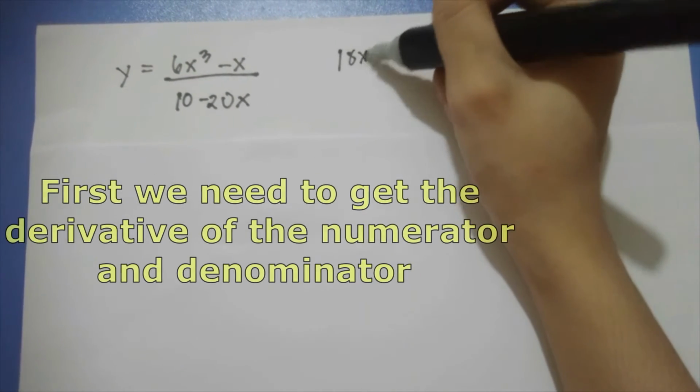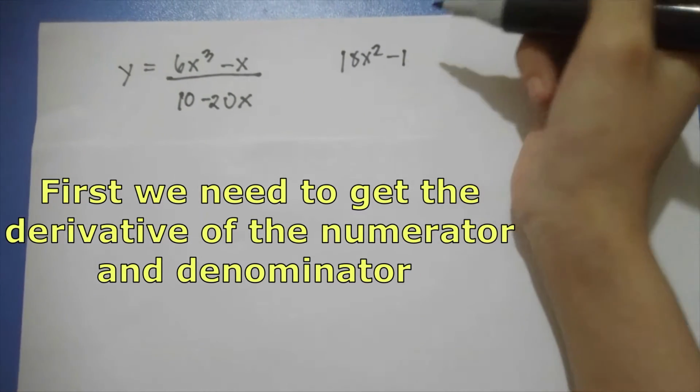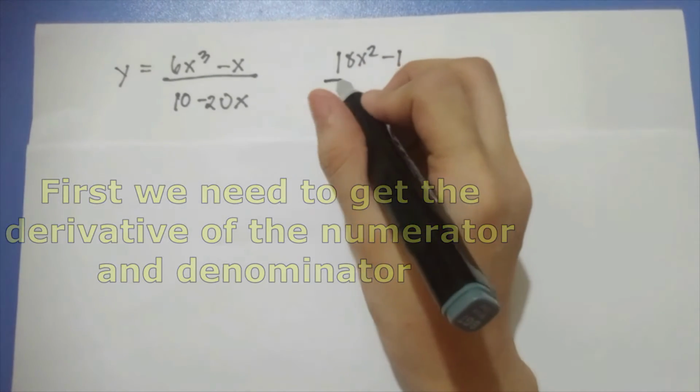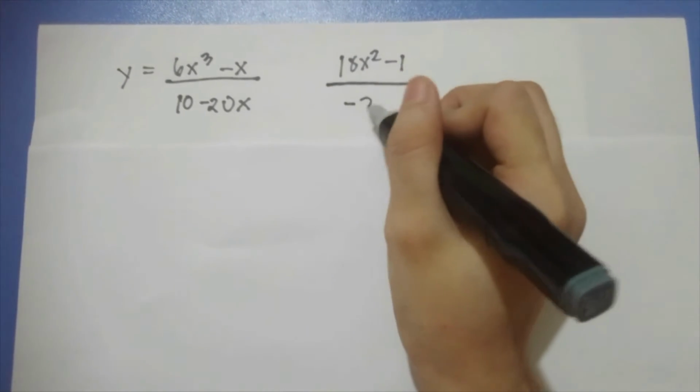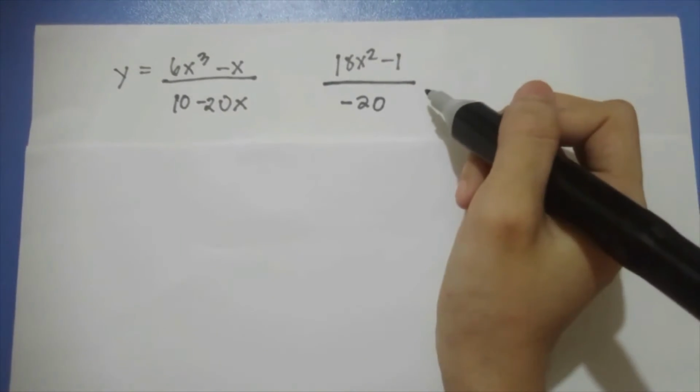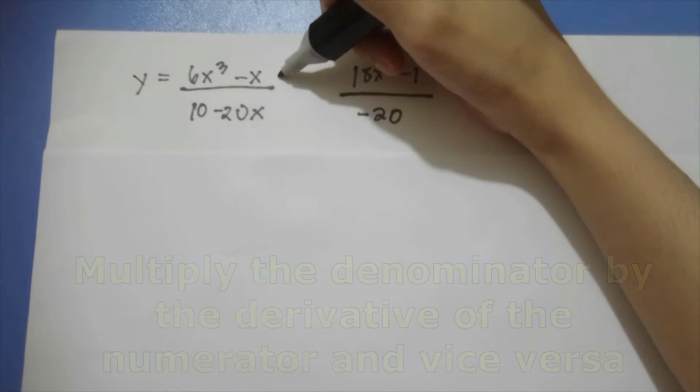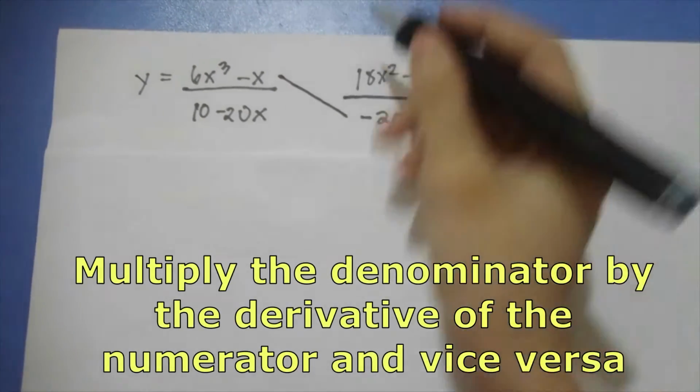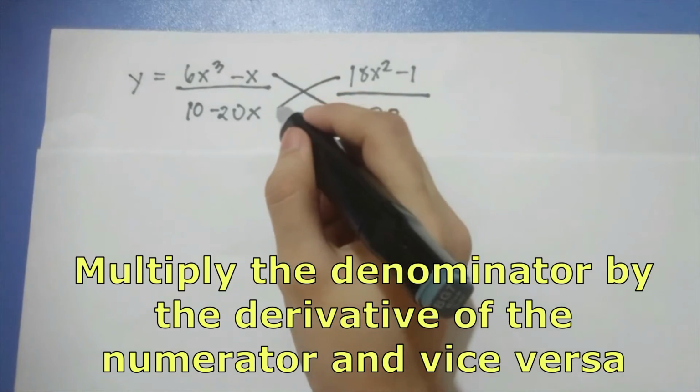For this equation, we need to use the quotient rule. First, we need to get the derivative of the numerator and then the denominator. Multiply the denominator by the derivative of the numerator and vice versa.